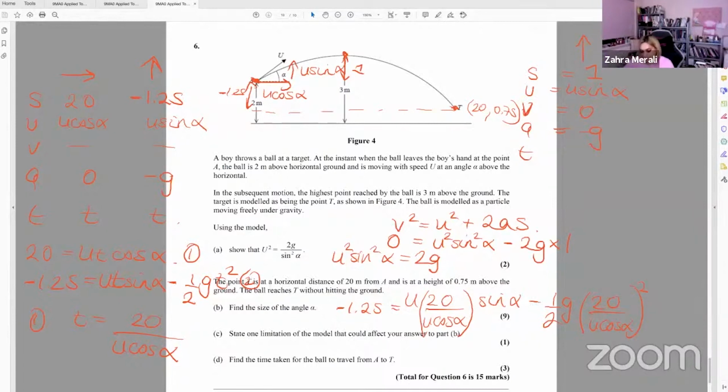Now this cancels with this. Sine over cos is going to give you tan.